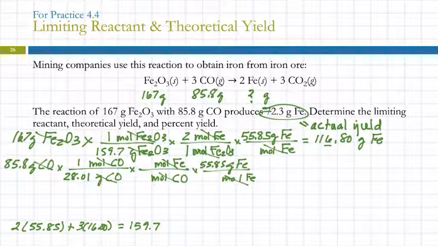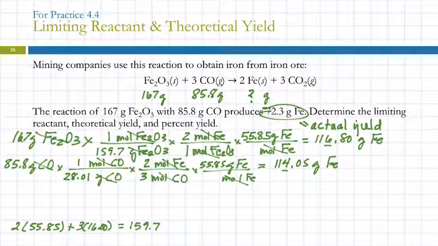So iron is 2 and CO is 3. So I have to multiply by 2 and divide by 3 and multiply by 55.85. 114, again 3 sig figs, 0.05 grams of iron.